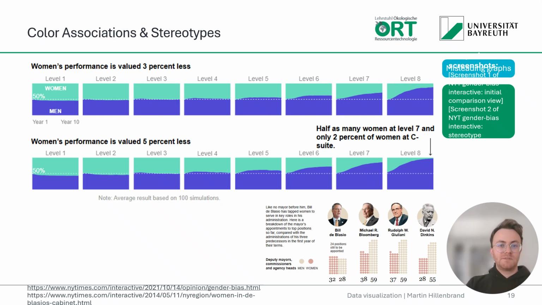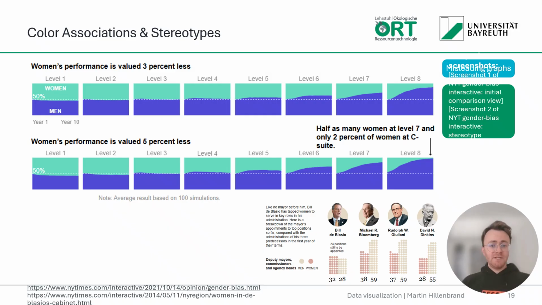By the way, the social association of blue and pink was only really introduced in 1950. Before that, both colors were used for both genders. So those biases and stereotypes are quite new in our society right now, and they are a societal decision.